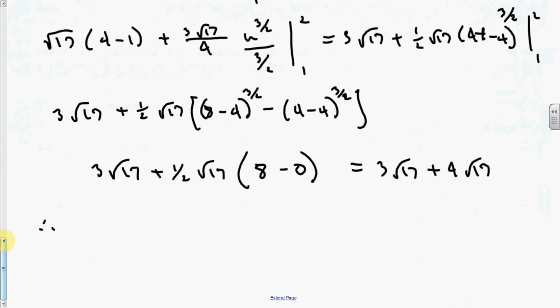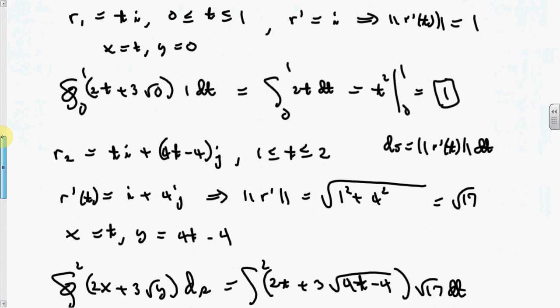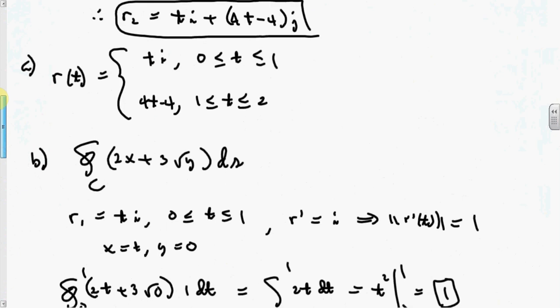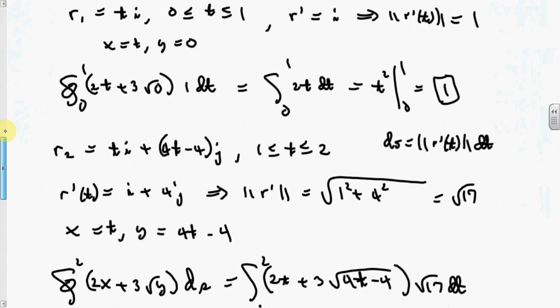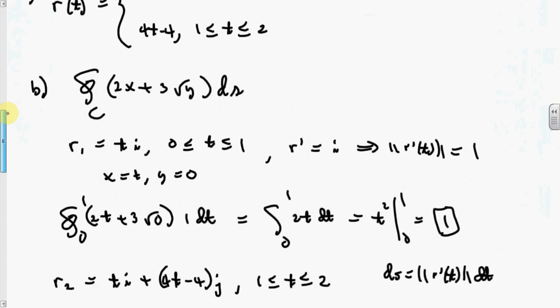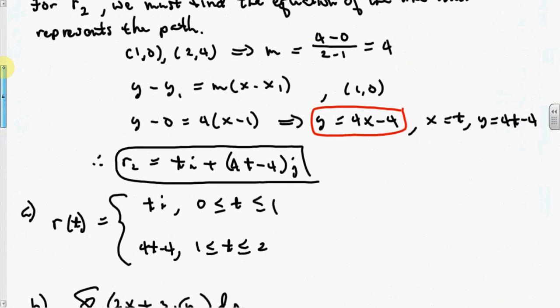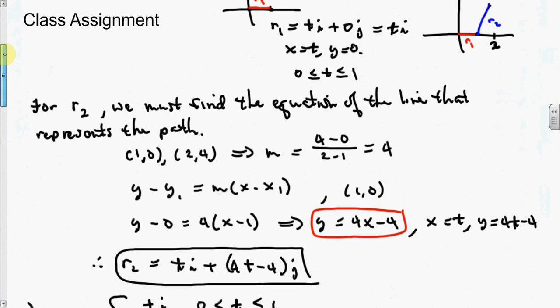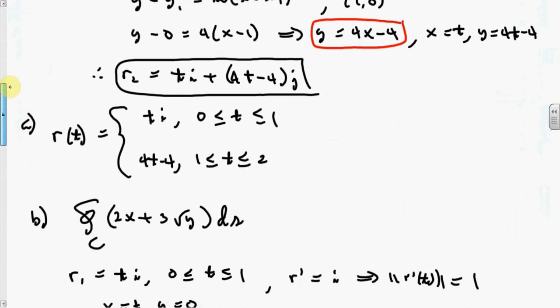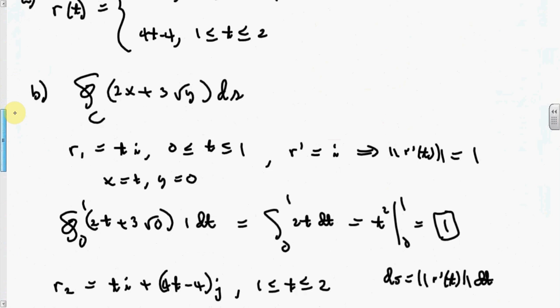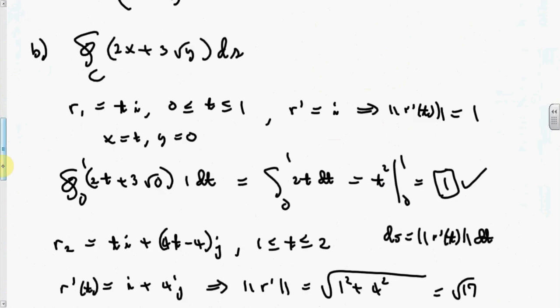the line integral for both paths, that first part we got, what did we get? We got 1 for that one. There it is right there. Yep, we got 1 for that guy.